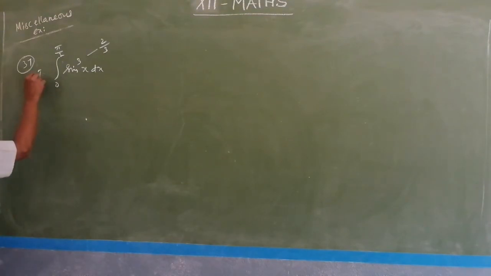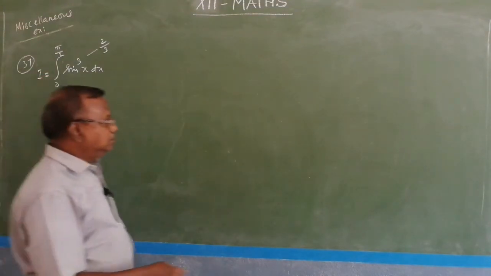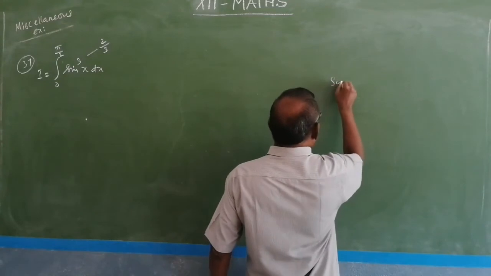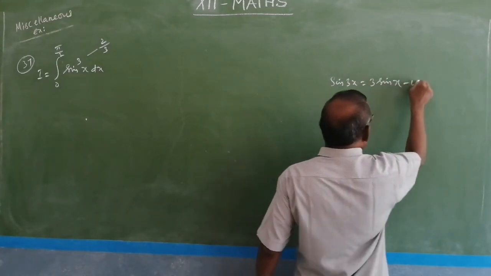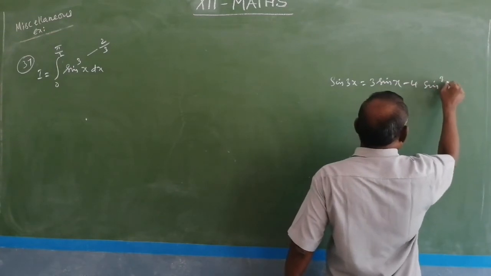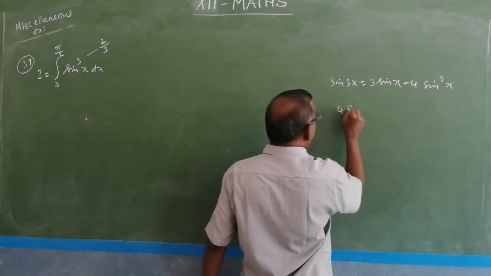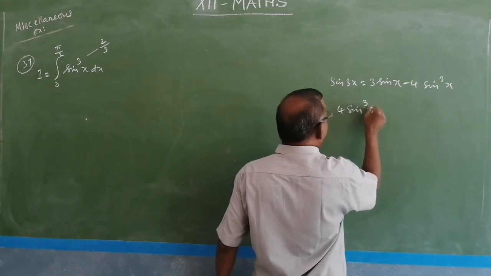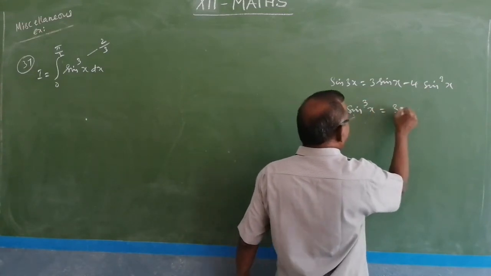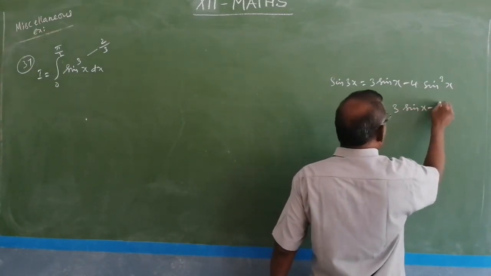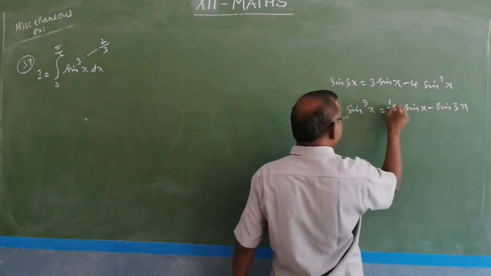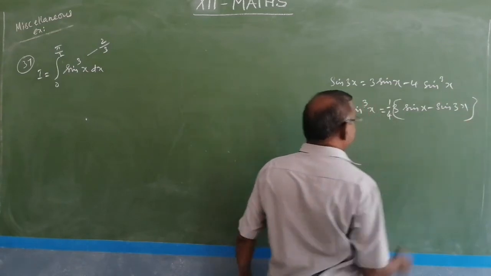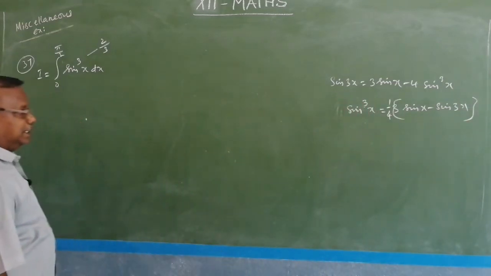So assume this I equal to... In trigonometry we have an identity, sin 3x equal to 3 sin x minus 4 sin cube x. So 4 sin cube x equal to 3 sin x minus sin 3x. So bring this 4 here, so it is 1 by 4 into 3 sin x minus sin 3x.